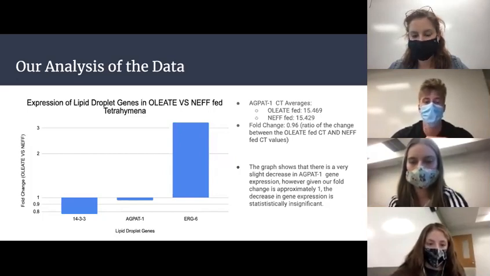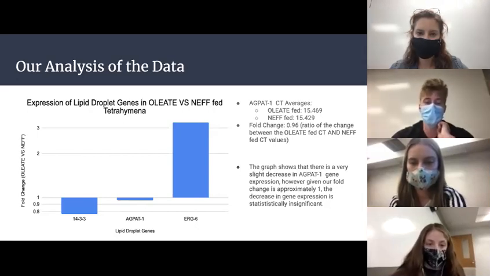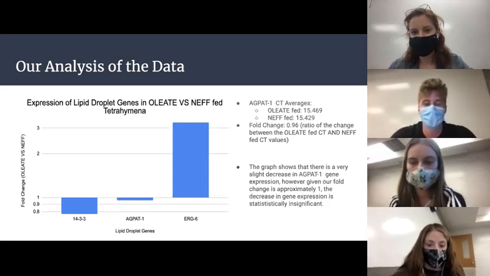Our fold change value was calculated at 0.96, which indicates just a very, very slight decrease in gene expression in the oleate fed versus NEF fed. However, given that the value is approximately 1, the decrease is pretty much statistically insignificant and represents little to no change in the gene expression.